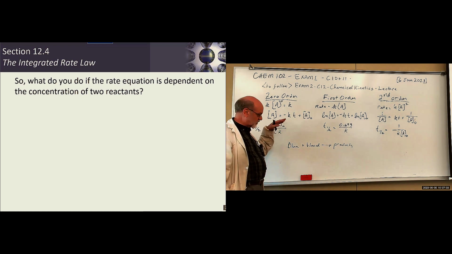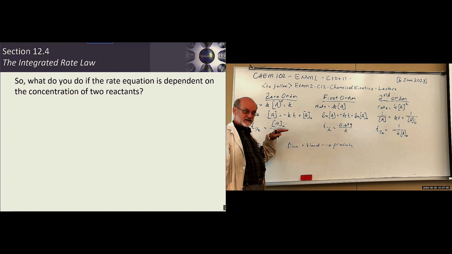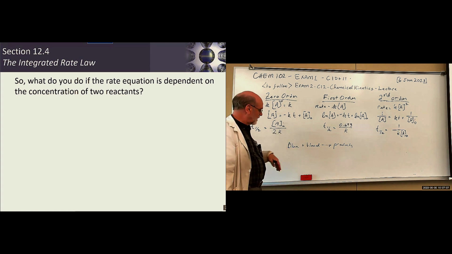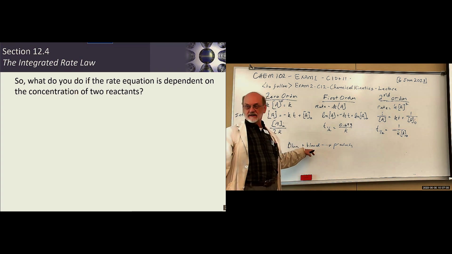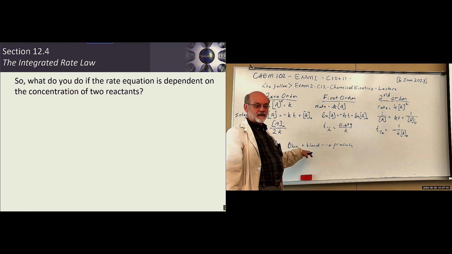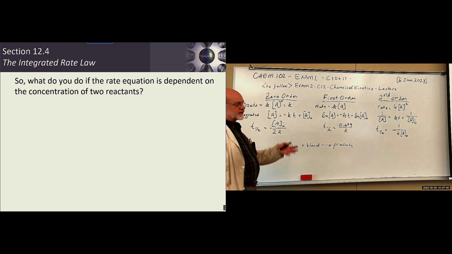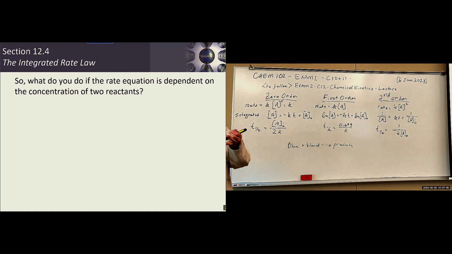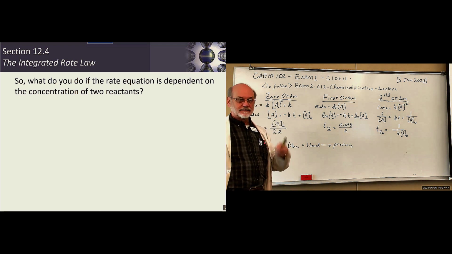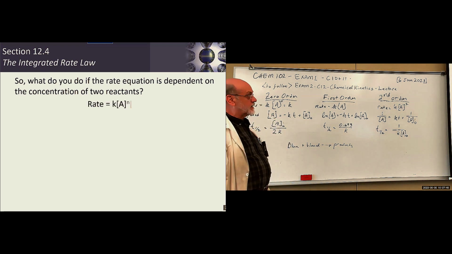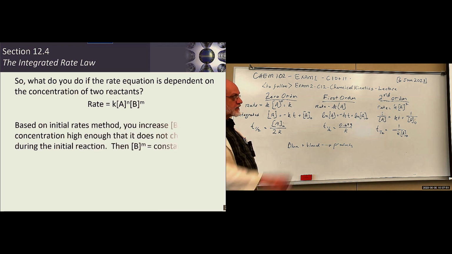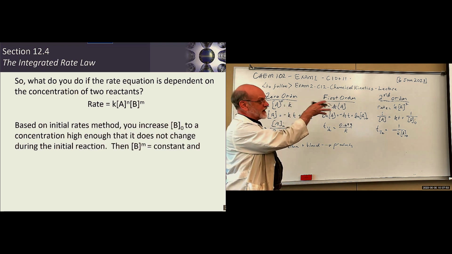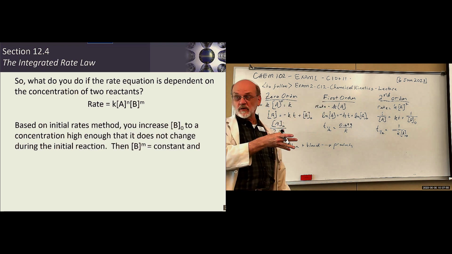So as it decreases, we know that the dye is disappearing. But we're also using up bleach. So we have to account for that too. Well, how do you do that? We've only studied zero, first and second order with reference to one reactant. Okay. So here's the way we do it. If there's our rate law, we have two reactants with different orders for each one.